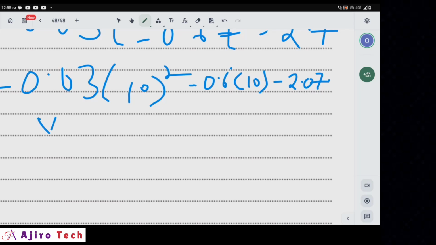Then my v will be equal to 0.03 into bracket 100, minus 6, minus 2.07.